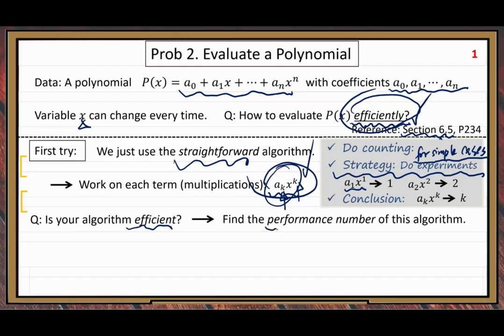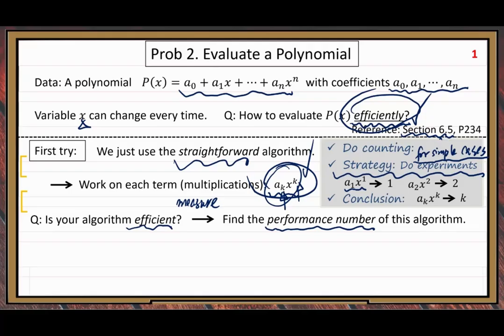We may need some performance number to help us measure the efficiency. So there is a measure problem: how to measure the efficiency? We need to consider this question.